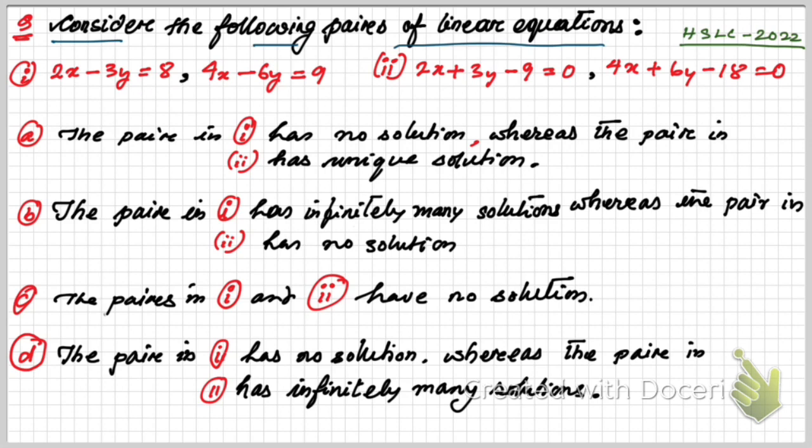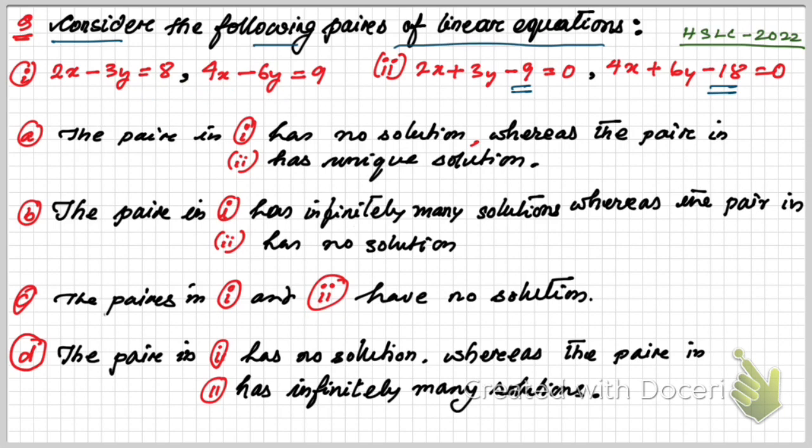In the next pair, the constants in both equations are on the same side of the equal sign, on the left hand side, but in this pair on the right hand side. So in this first pair the constants are on the right hand side, so we have no issue with that, just keep it that way.